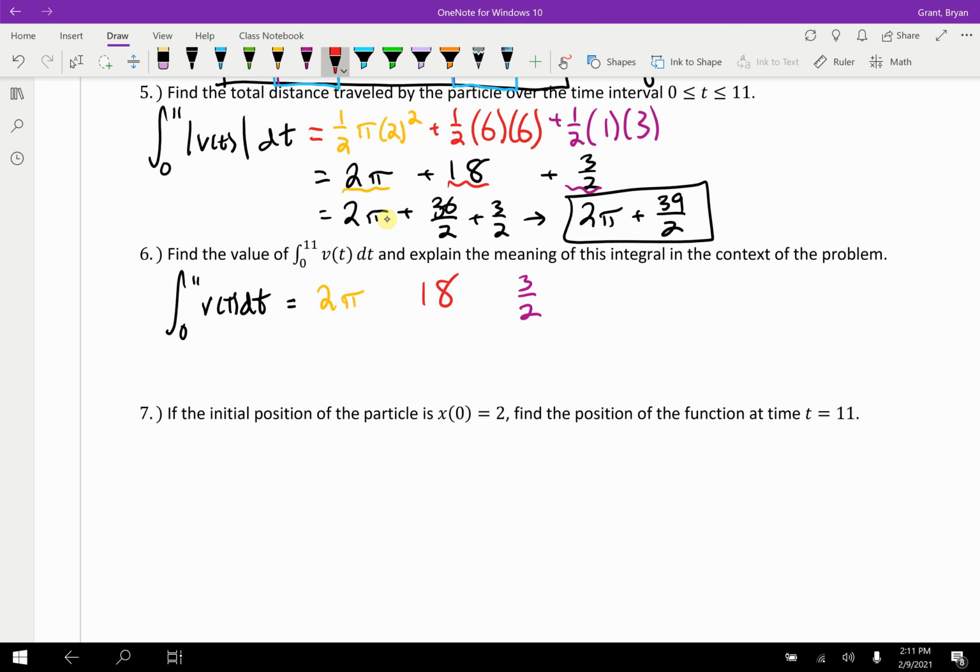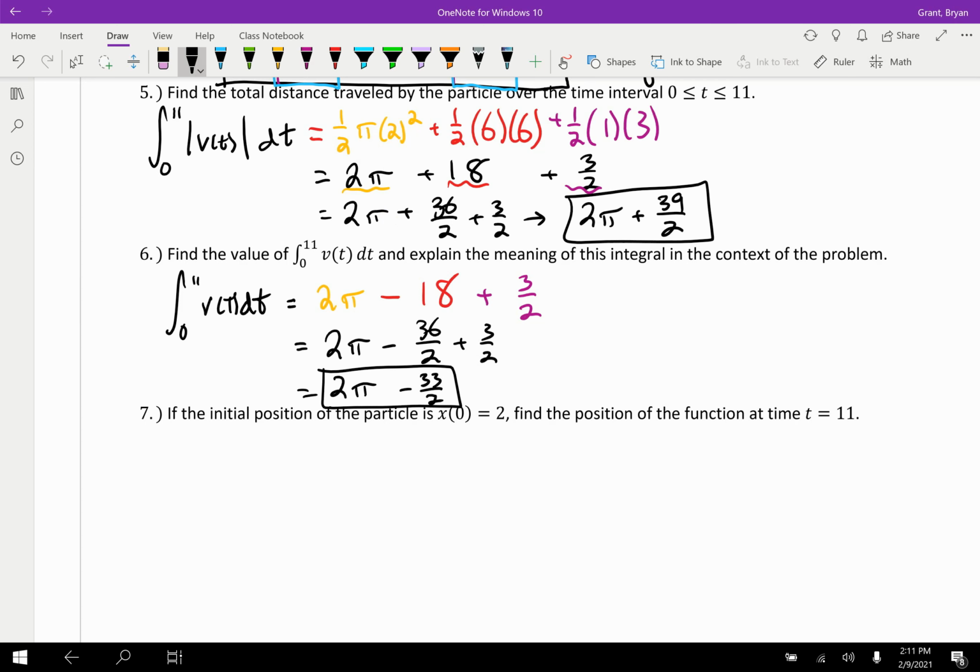The 18, though, is the area of the triangle which is below the x-axis, and then our small triangle is above. So if we wanted to clean this up, 2 pi minus, we can do the same, 36/2 plus 3/2, which becomes 2 pi minus 33/2.